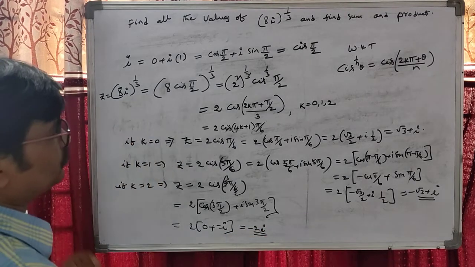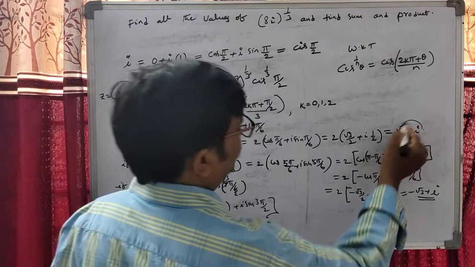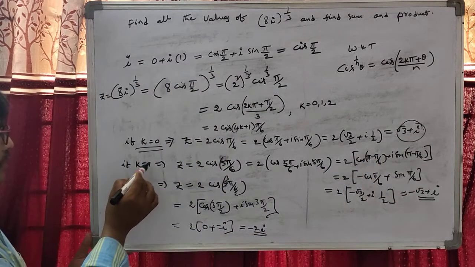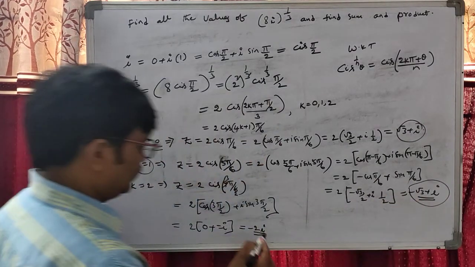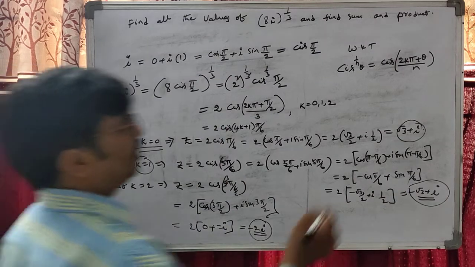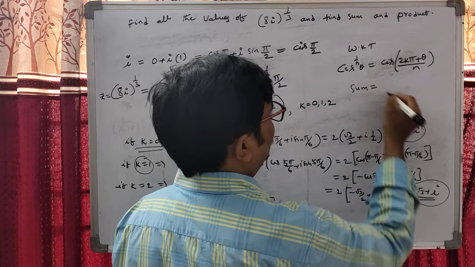So how many values did we get? When k equal to 0, root 3 plus i. When k equal to 1, minus root 3 plus i. And minus 2i. Now, dear students, first we find the sum of all values.